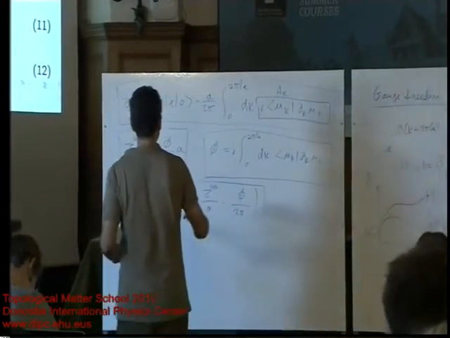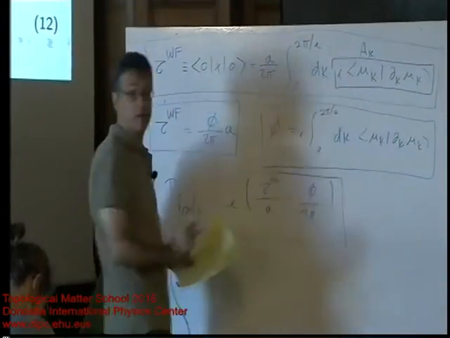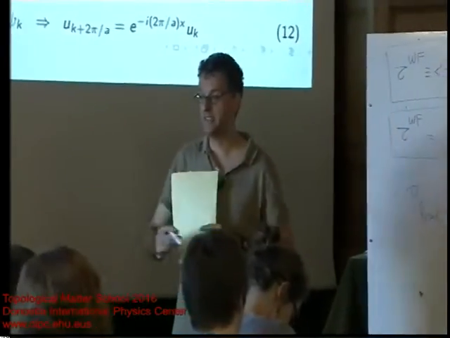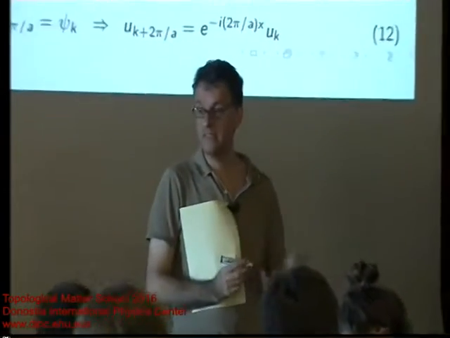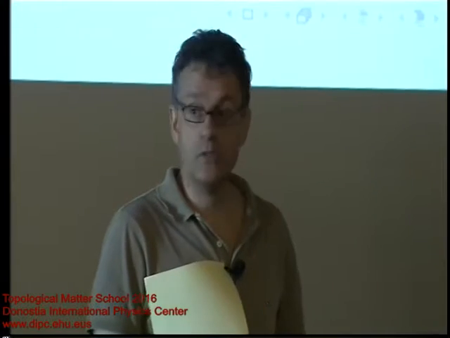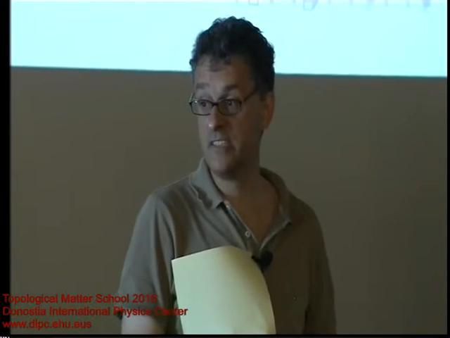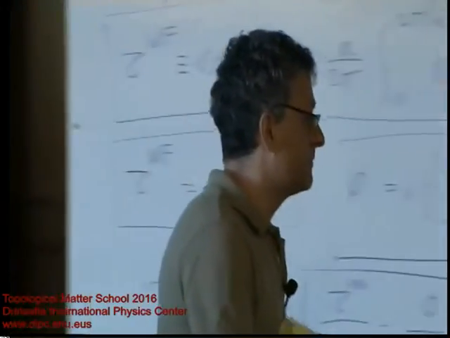But the Berry phase is nothing but the center of the Wannier function according to this equation. So we've just demonstrated that in this simple single band case, any gauge transformation that you can do at most shifts the center of the Wannier function by a lattice constant.